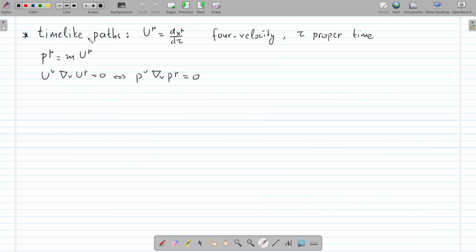If we consider time-like geodesics, we know that for any time-like path, u mu is the forward velocity of a particle of mass m. Tau is taken to be the proper time, and then the momentum of that particle is m times its forward velocity. So the geodesic equation can be translated in an equation involving the momentum of the particle.